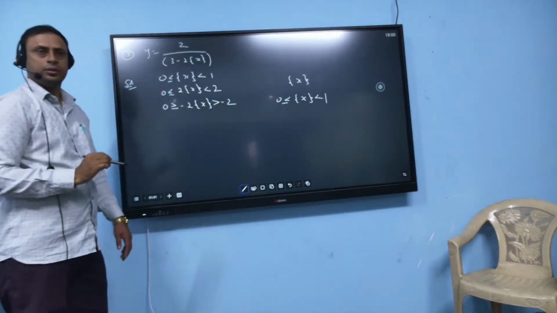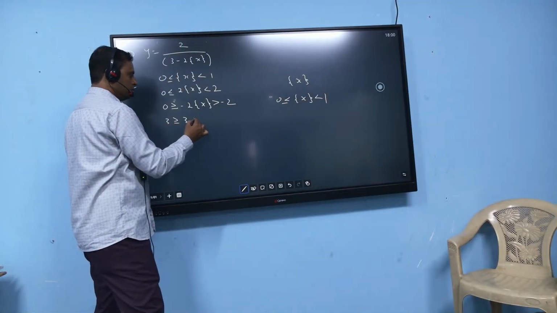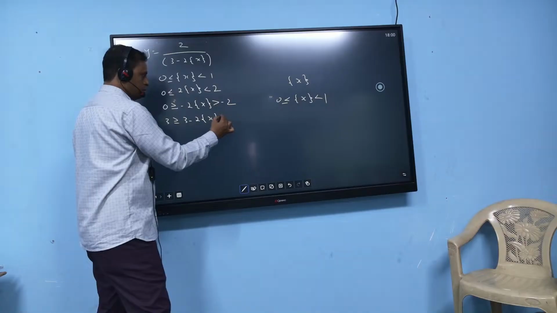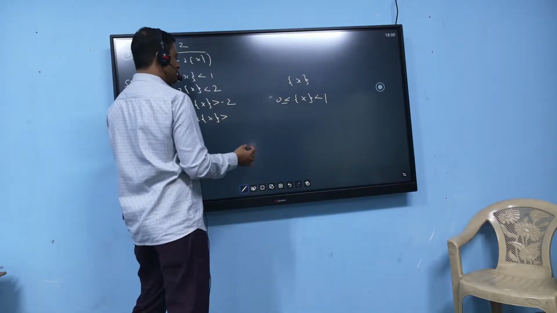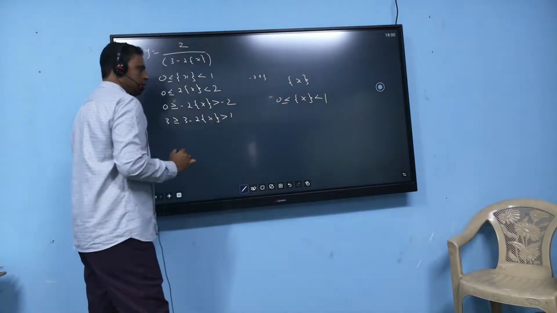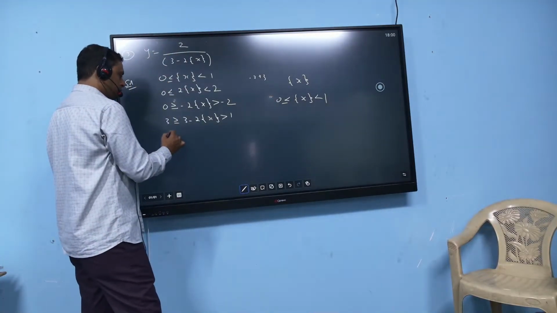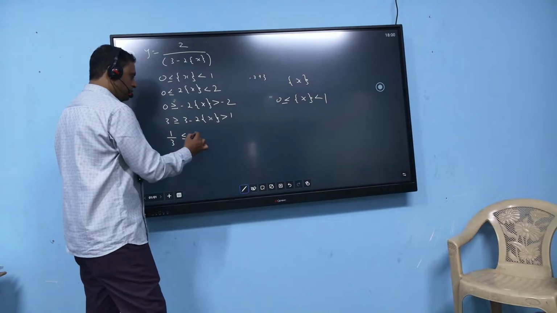Correct. Now next what to do? Add 3. Minus 2 plus 3 is how much? It is 1. Is this okay? Now what to do? Take reciprocals. If I take reciprocals, the inequality will change.